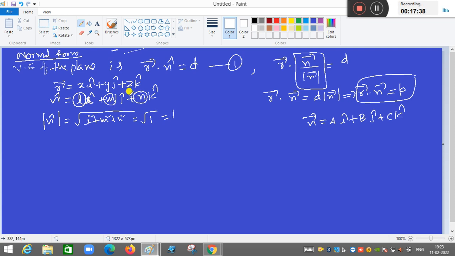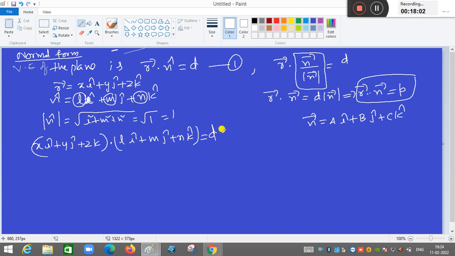Then substitute these values in equation 1. We can get r bar = xi + yj + zk, dot n cap, which is li + mj + nk, equal to d.